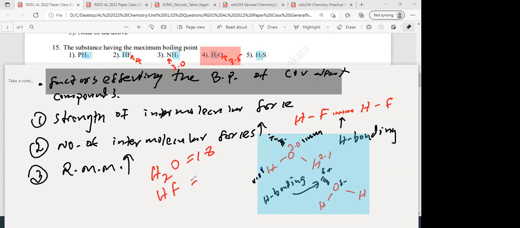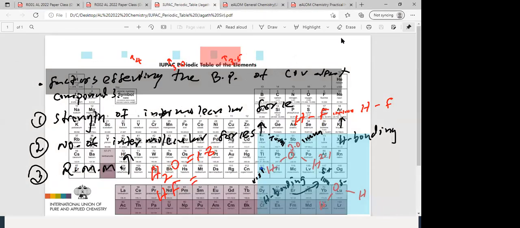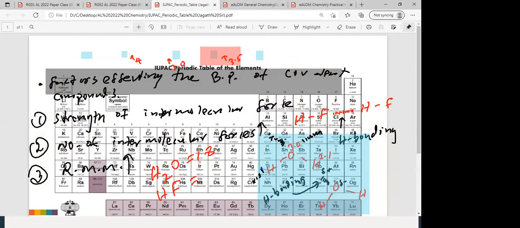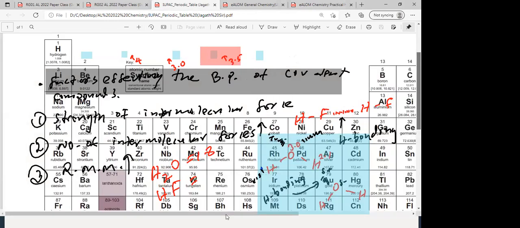HF, as I remember, fluorine. I have given you the periodic table also. You can refer to the relative atomic mass, and the periodic table I have given you. You can check the RAM or anything here. Fluorine is 18.9, that's 19, no? But anyway, in the exam, don't worry, with any question the relative atomic mass, RAM, is given.